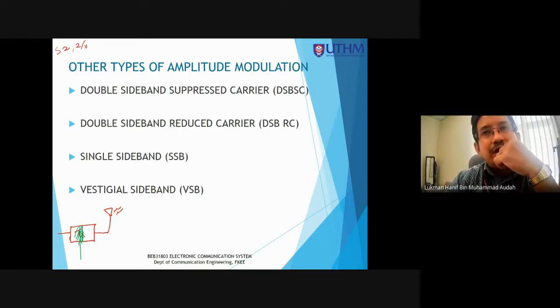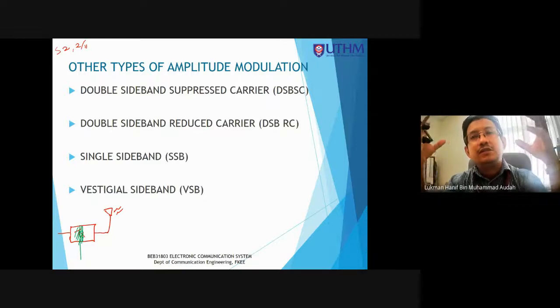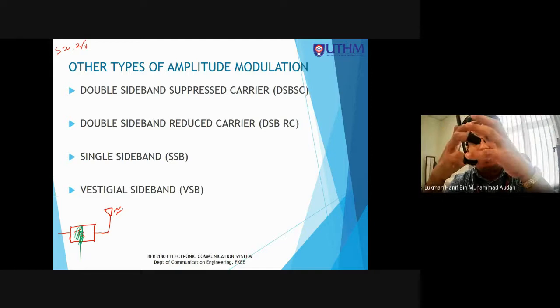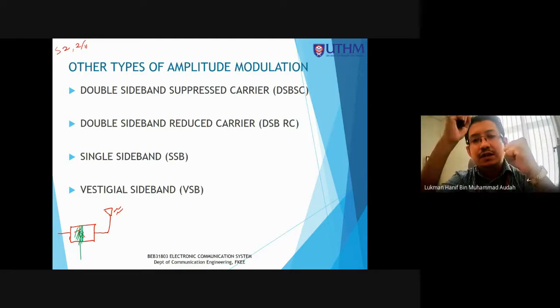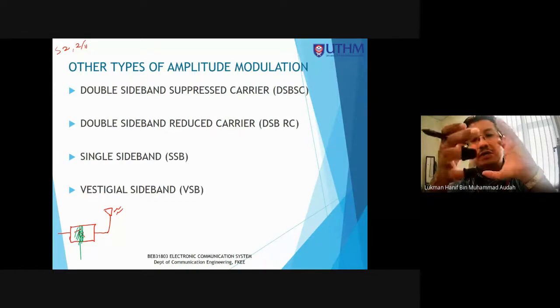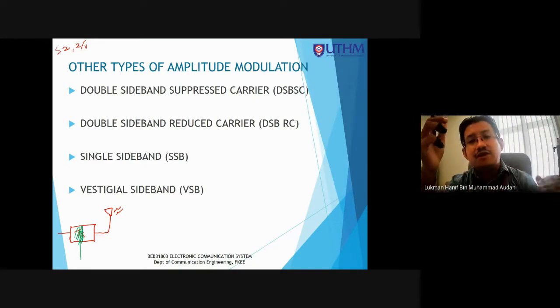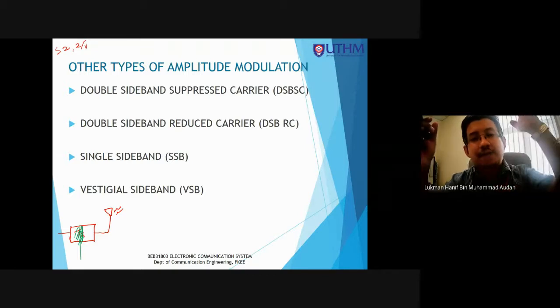So apa yang berlaku dalam modulation adalah proses combining, mixing of the information signal and the carrier signal. This mixing process will change the amplitude characteristic of the carrier in accordance with the amplitude variation of the input. Proses modulation ini mengubah suai sifat amplitude carrier berkadaran dengan perubahan amplitude daripada input.